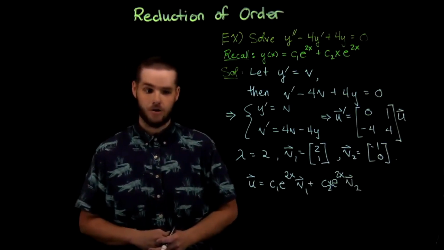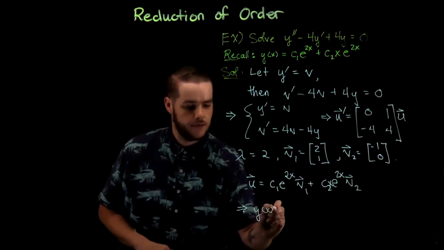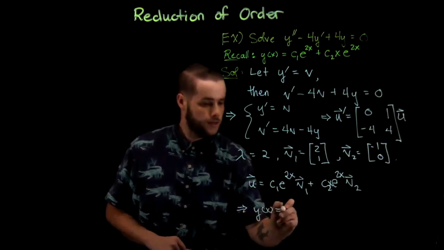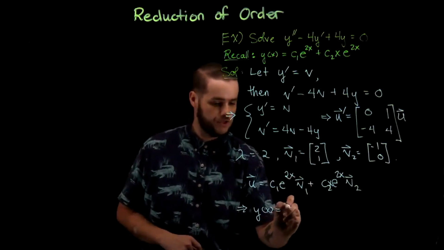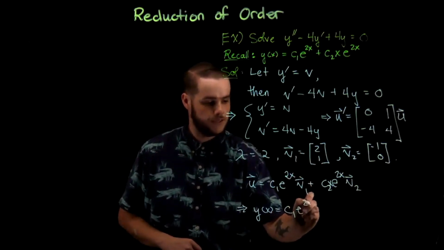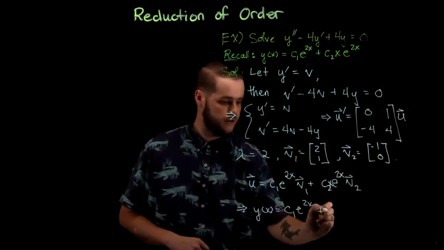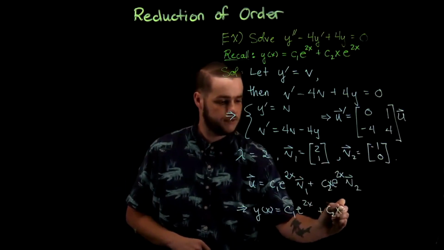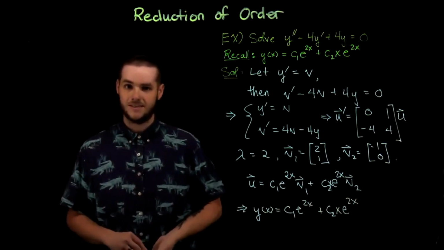Really, it's just the top row that matters. This tells me y of x is equal to c1 times 2, which I'll just absorb in, e to the 2x, plus c2 times negative 1, I'll just absorb the negative 1 into the constant, x, e to the 2x. And you can see that this gets us the same solution.